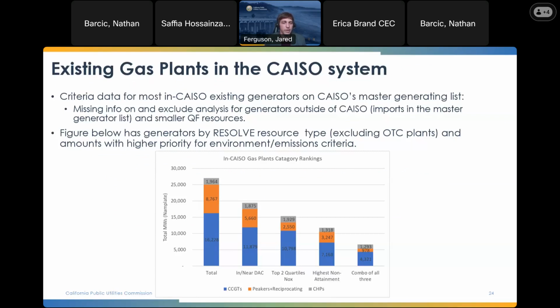The leftmost column is how many plants we have in the ISO, and the second column is how many are in or near DAC. Then you have the comparison of how many of those total plants are in the top two quartiles of NOx emissions. Then you also have how many plants are in those highest non-attainment zones. And lastly, just to show you how much those three categories overlap, I've included how many plants, and their megawatts, are within all three of those classifications.